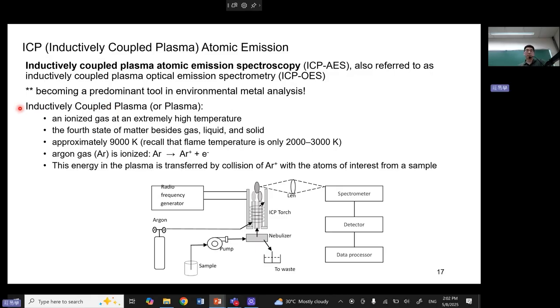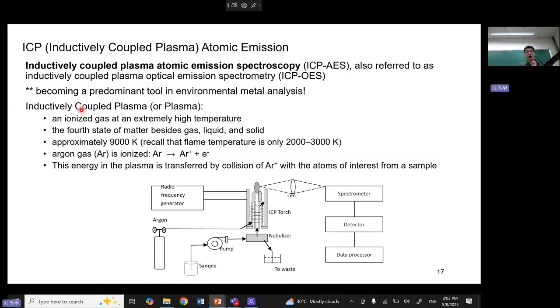Well, coming back to ICP, the key term in ICP is plasma. Again, plasma is the heat source, similar to what we have in FAA and GFAA. In the case of FAA, we use a flame as the energy source. In the case of GFAA, we use a graphite furnace as the energy source. In the case of ICP, we use plasma as the energy source.